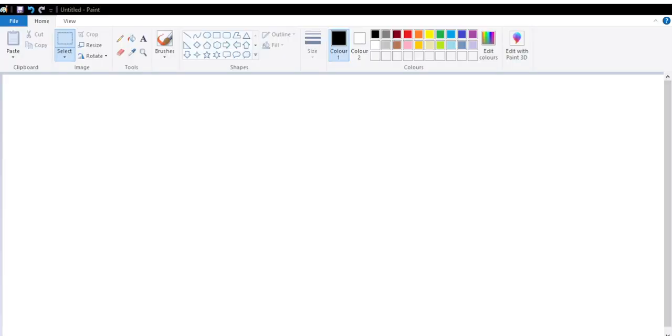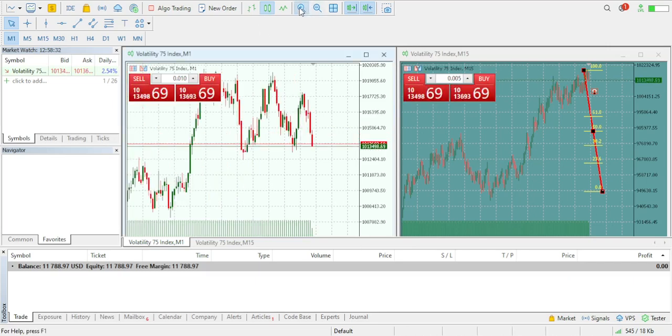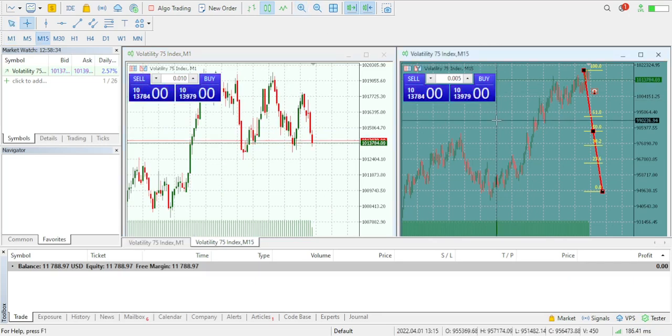Alright, so I'm just going to see how I'm going to do that so that we all can have an understanding of what I'm talking about. I think it's showing now on the screen. Many of us have seen it like this.